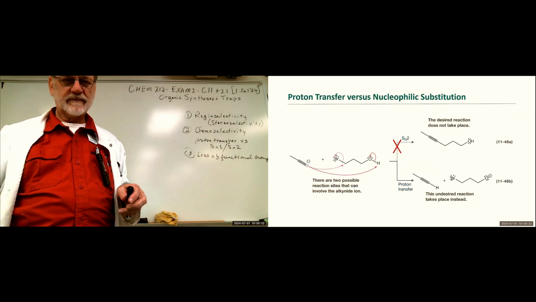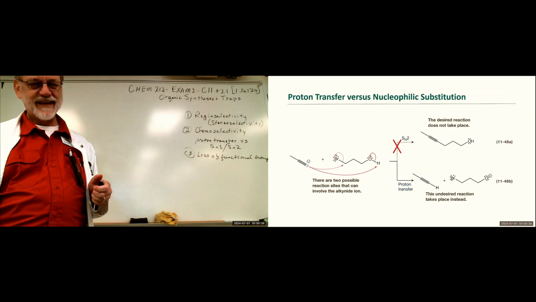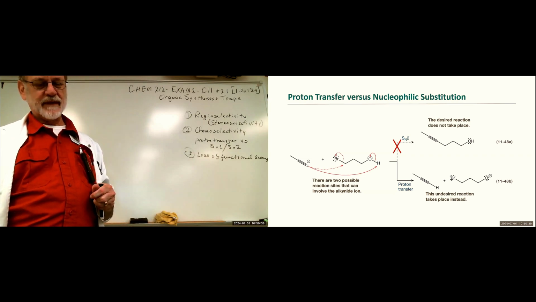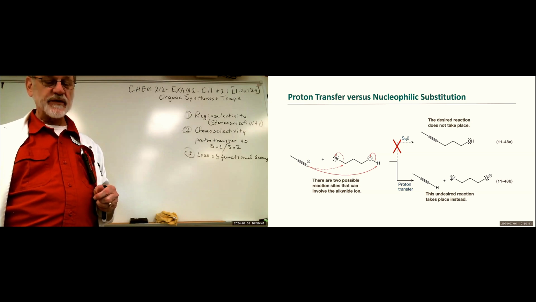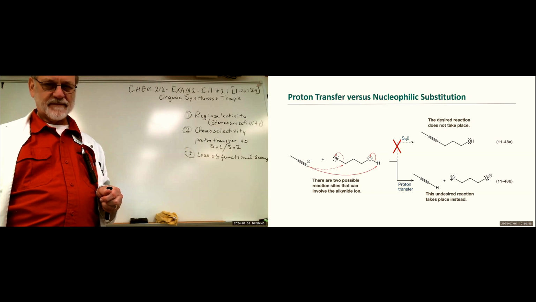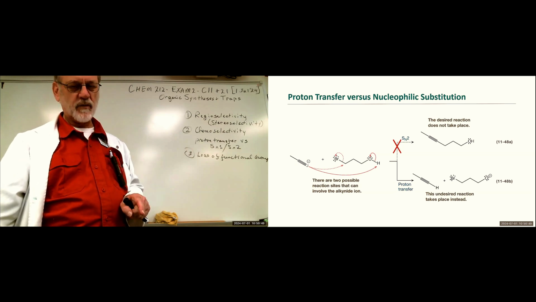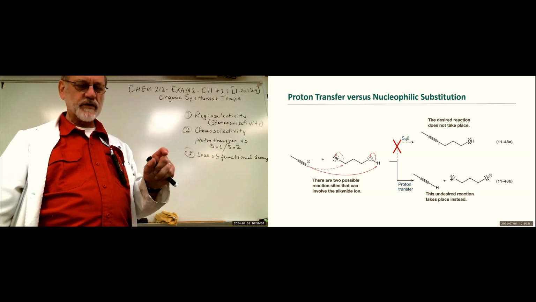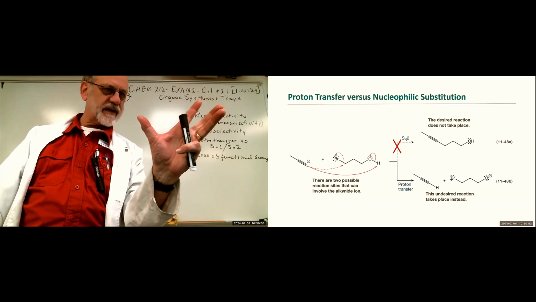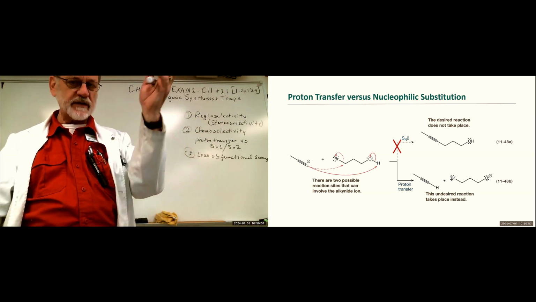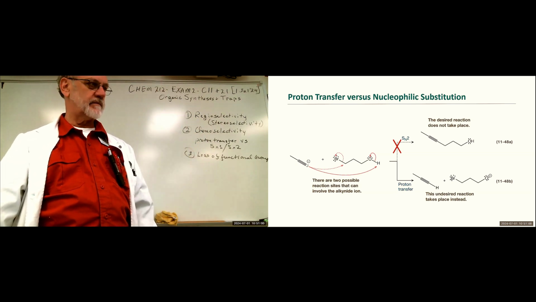Guess what? It doesn't. It goes and deprotonates. So the desired reaction doesn't take place. In other words, we want to extend the skeleton at the bromide end, but instead it just deprotonates that oxygen, that alcohol.